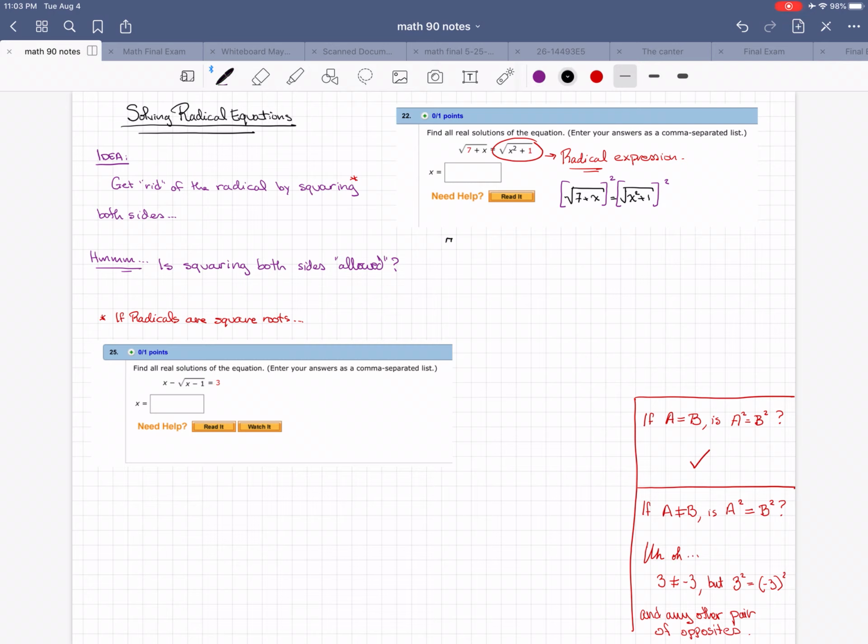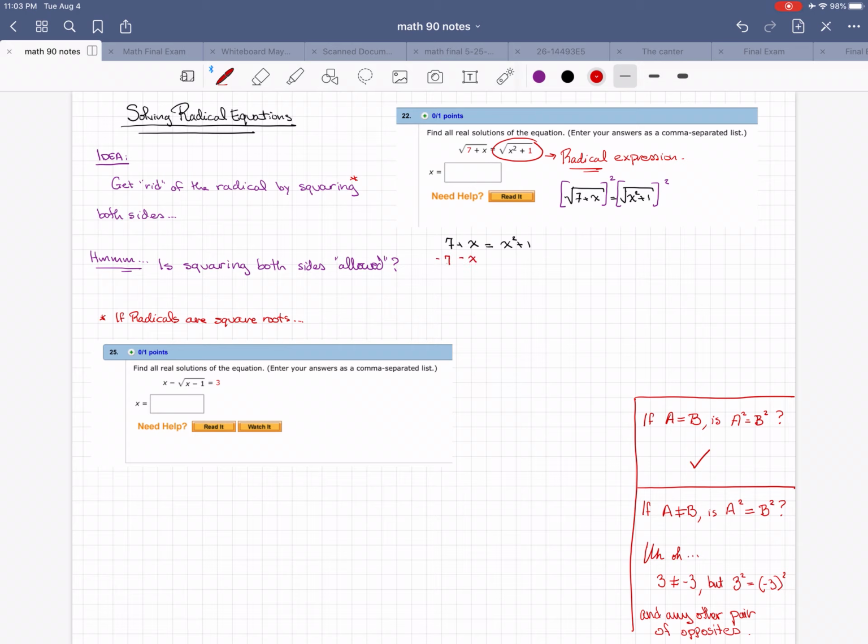On the left, we'll have 7 plus x. On the right, we'll have x squared plus 1. So this is a quadratic equation. Notice how often the need to solve a quadratic equation comes up. We know how to solve quadratics. We're going to move everything to one side and see if we can factor.